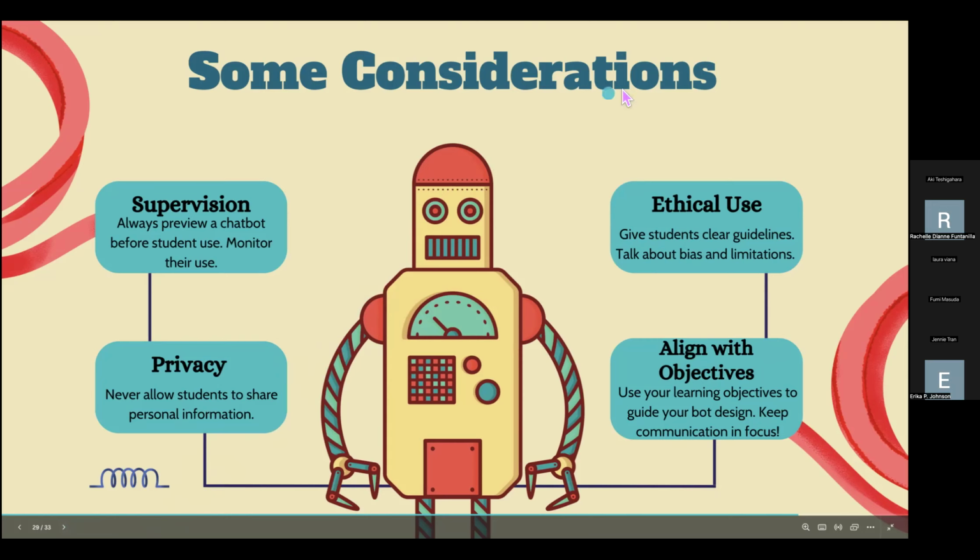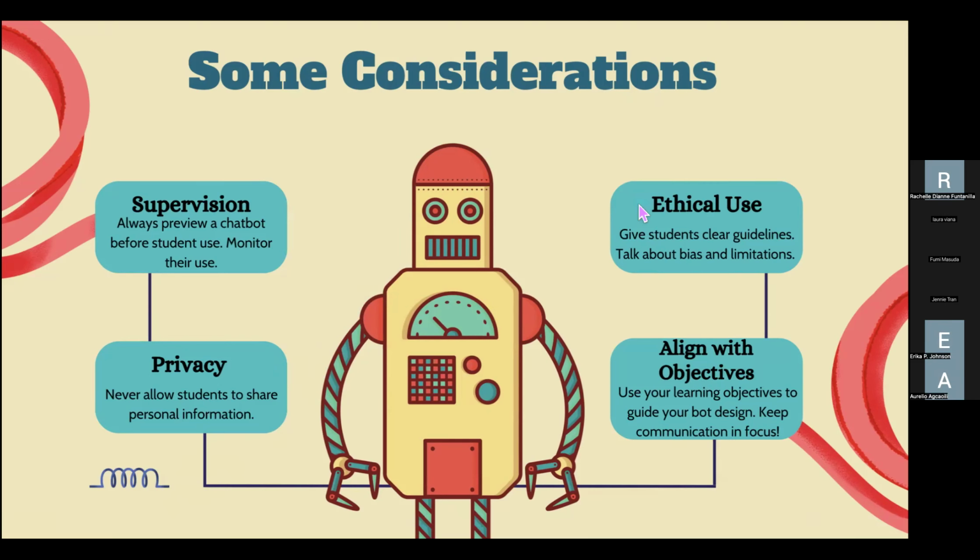Another consideration is ethical use. I think giving your students clear guidelines of how they can use chatbots and when is important. Maybe you tell them it's fine to use the chatbots to create these stories and to practice your vocabulary, but when you do this assignment, you really need to do it on your own and you cannot use chatbots or generative AI. So just be clear with your students in terms of the expectations.